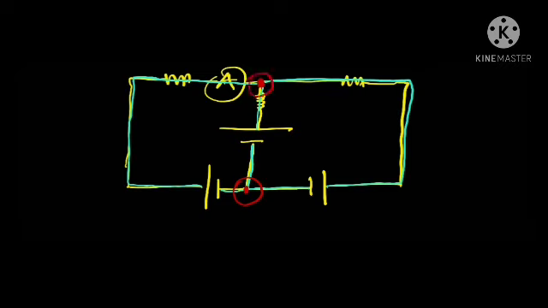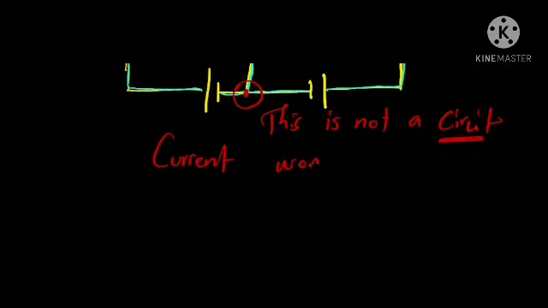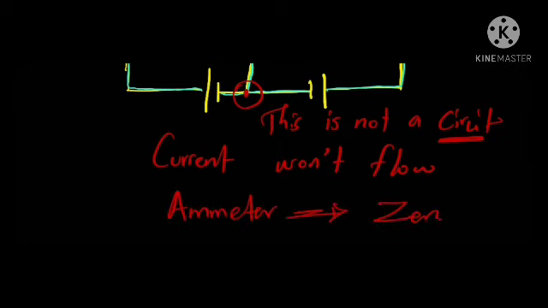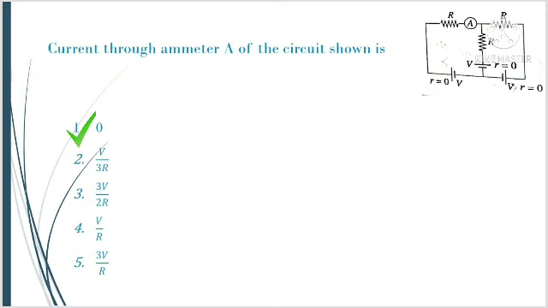After this point, there is no path. So there is no circuit here. It is not a circuit, it's actually an incomplete circuit. And also there is no voltage difference. Therefore, the current won't flow through, so the ammeter reads 0. So this is the answer.